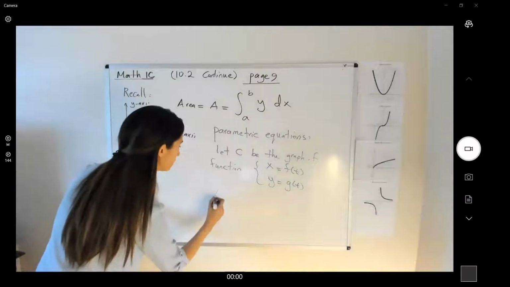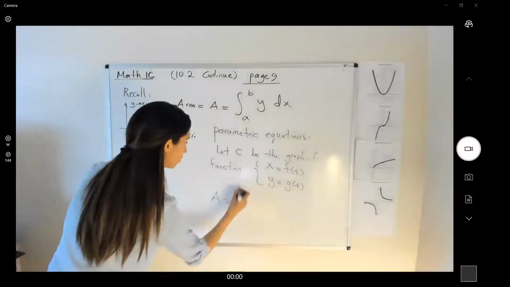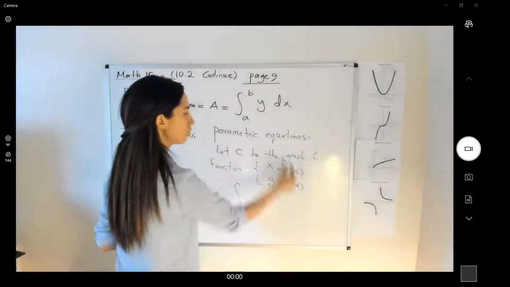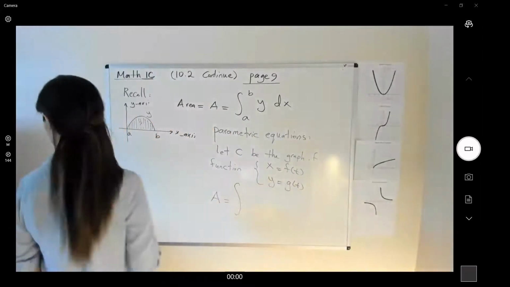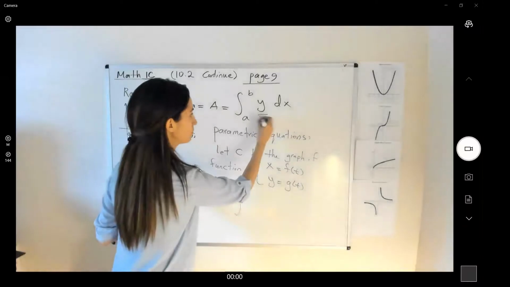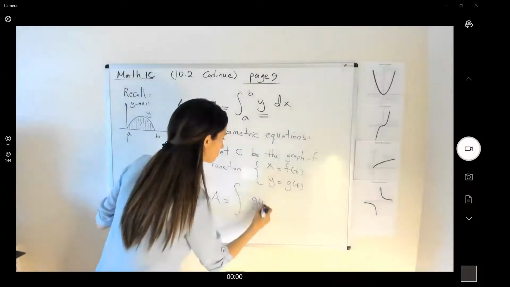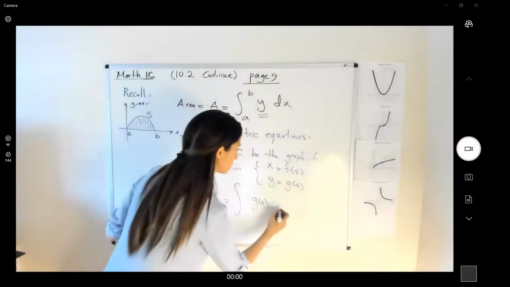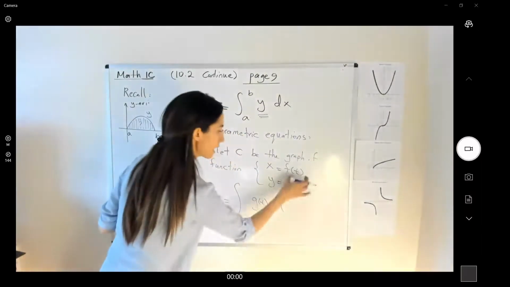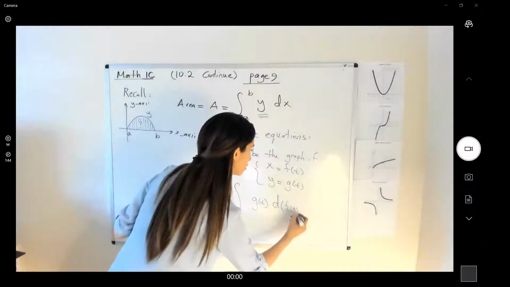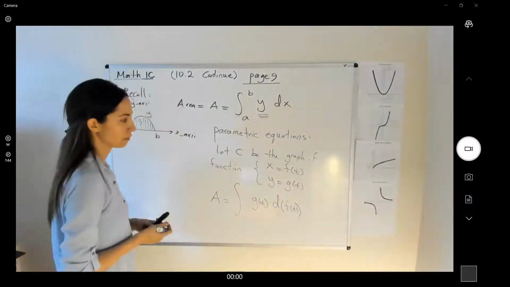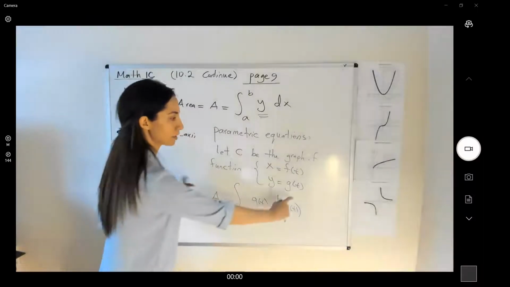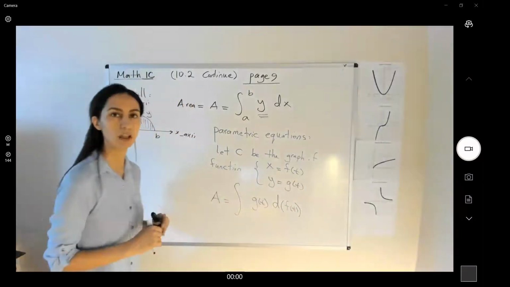So the area is equal to the integral. Your y is g of t, and you have to find dx, the derivative of your x, which is f of t. And you have to find the lower limit and upper limit for variable t.